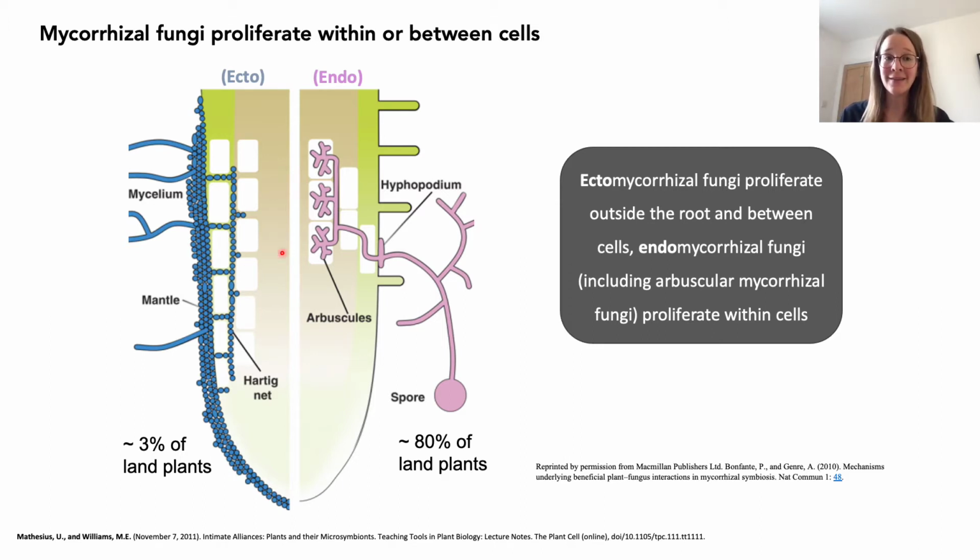Whereas the endomycorrhizal fungi, of which the vascular mycorrhizal fungi are part, can grow not just on the outside of the roots, but into the root cells, and then inside these cells they can form very specialized structures called arbuscules. Arbuscules consist of very finely branched fungal hyphae. And because they live inside of these cells, that's why they're called endomycorrhizal fungi as well.